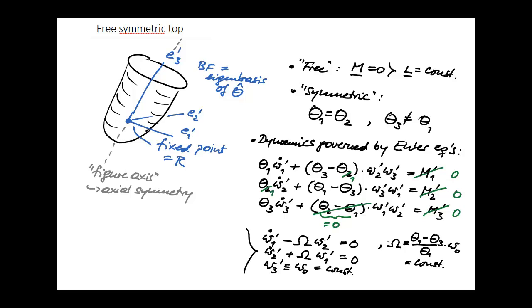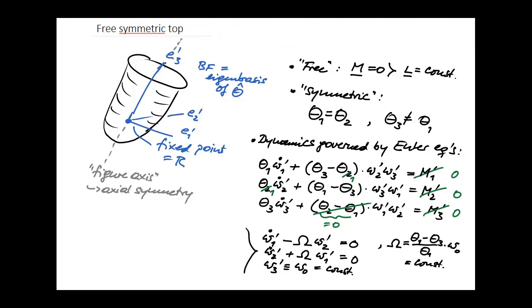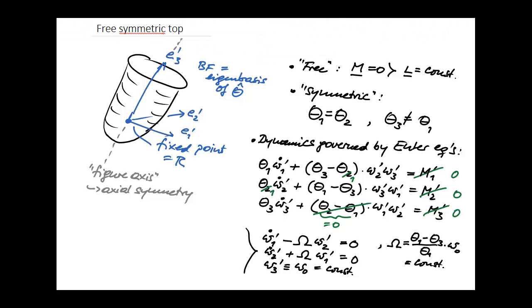Let me try to indicate that in the drawing that I have up here. These are the basis vectors, as before. Then we have a constant angular momentum. And the angular momentum is going to point in some direction. Let me say it's pointing upwards.